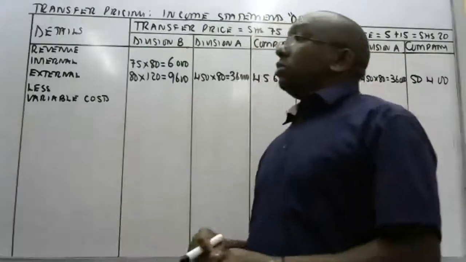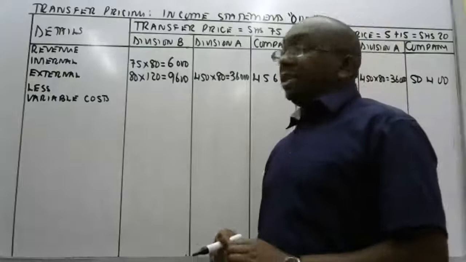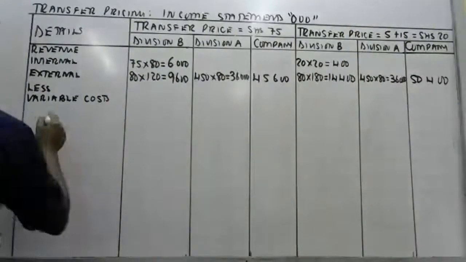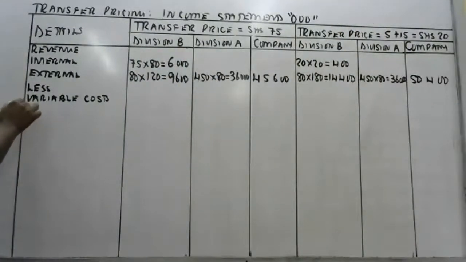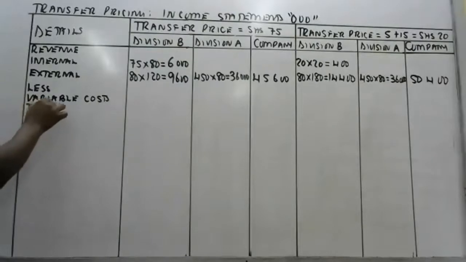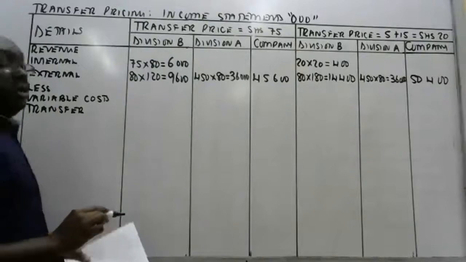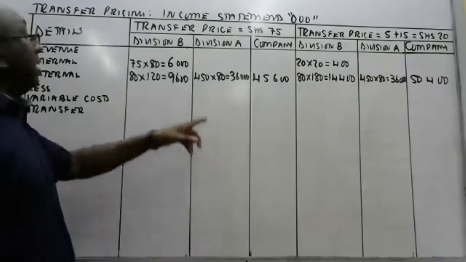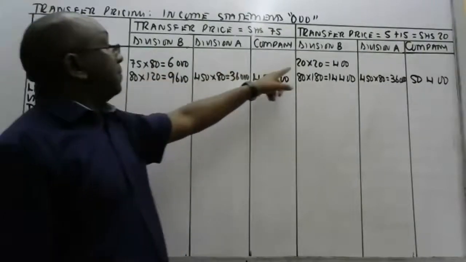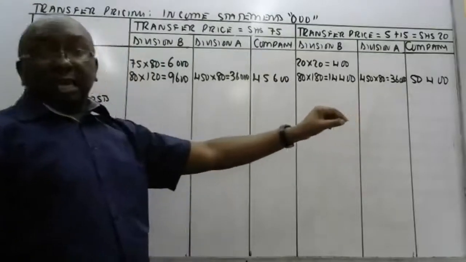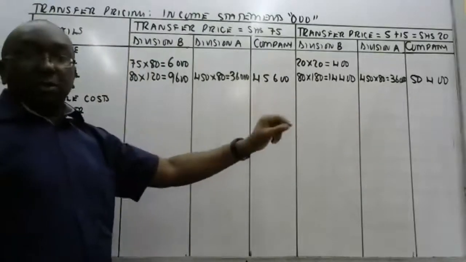The first two, which are the most common, are the transfer. Remember, after saying transfer price is a revenue to the supplier, the second point I said is that transfer price is a variable cost to the receiver.